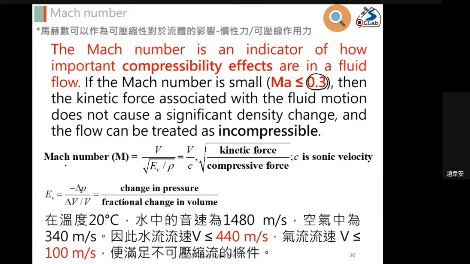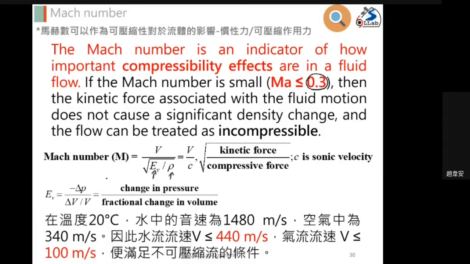The equation shown here is the definition of the Mach number: M is directly equal to the velocity divided by the sonic speed. And the sonic speed is equal to the square root of the ratio between the bulk modulus and the density.